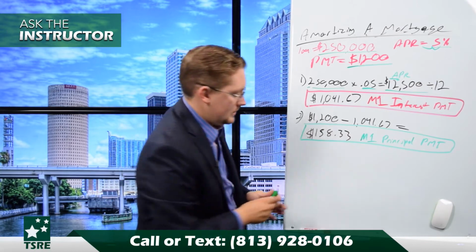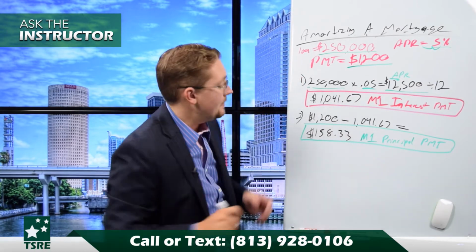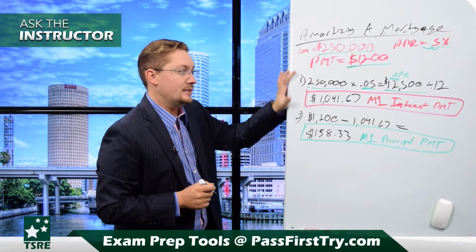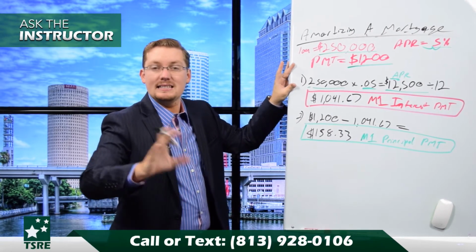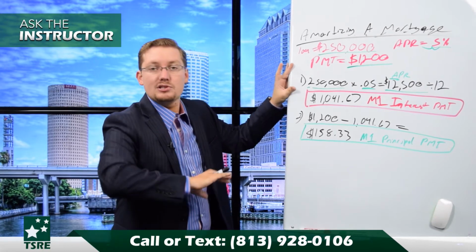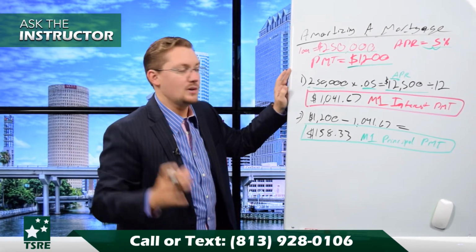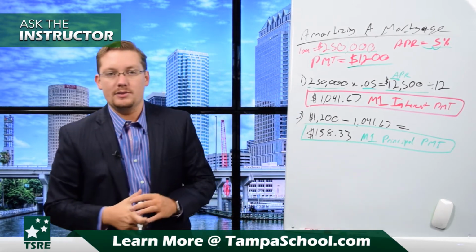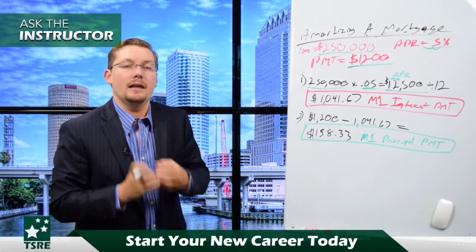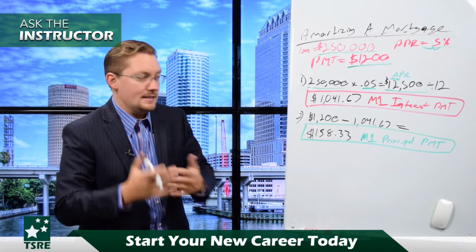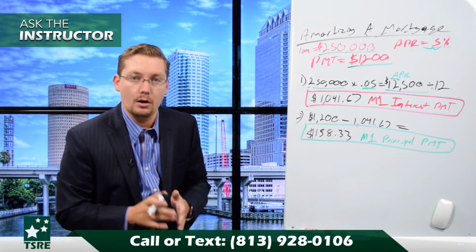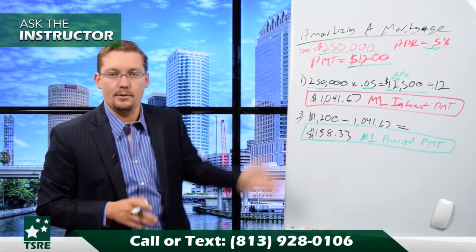Now remember our third step. Our third step was finding out what the new balance is. Because if we never decrease this $250,000, again, let's figure it's interest only, that number is going to stay the same as long as we have the mortgage. But since we just made $158.33 as a payment, that might not seem like a lot, but the compounding is going to be what eventually turns this into where our payment of $1,200 is almost all principal instead of in this case here where it's almost all interest.